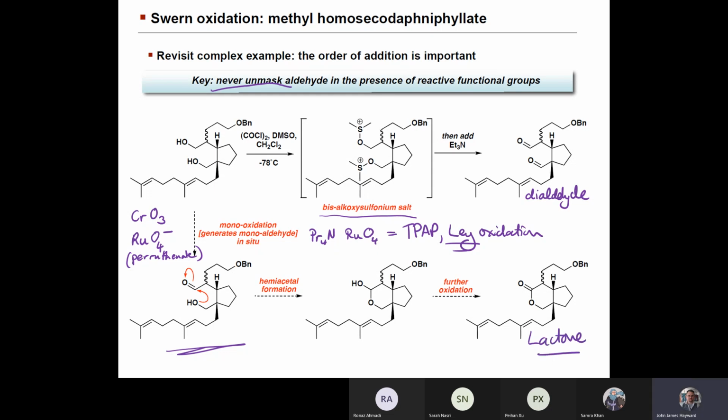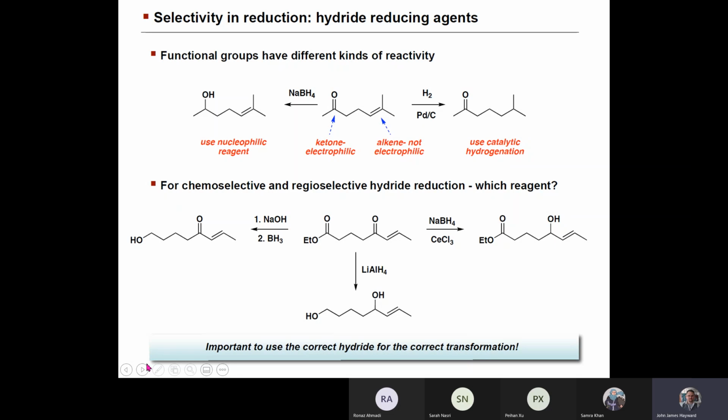That can be very useful sometimes, but here it is not doing what we want it to. So the Swern oxidation is actually a really brilliant way to ensure that you get the dialdehyde that you want instead of a lactone. If you want a lactone, then TPAP is the best reagent to go for. And I'm not just saying that because Steve told me it was. Okay, maybe I am.